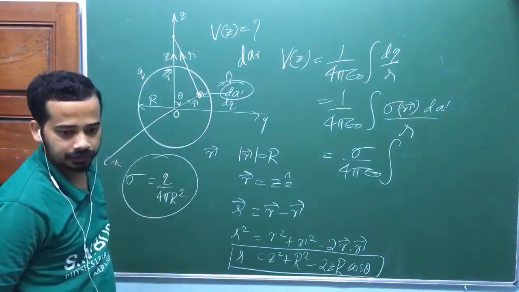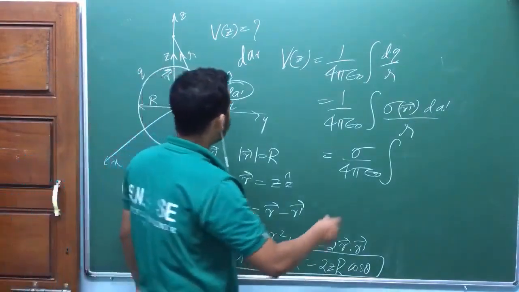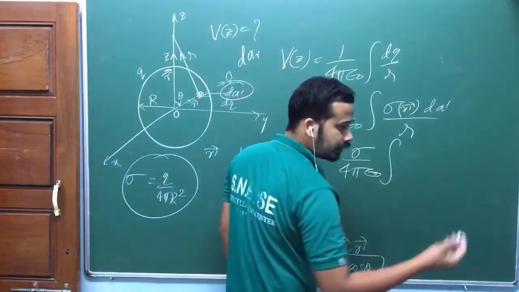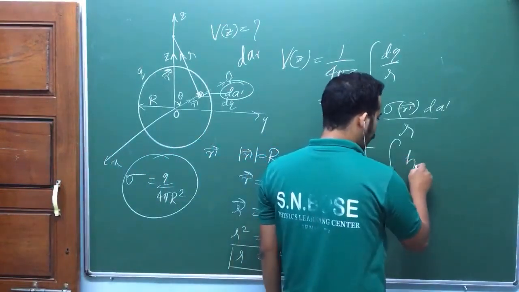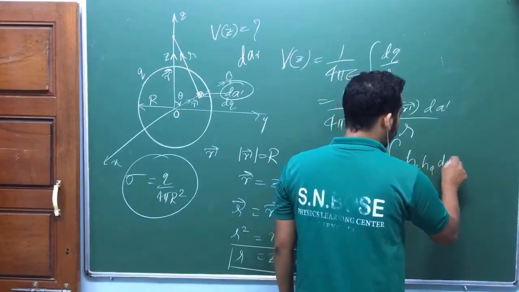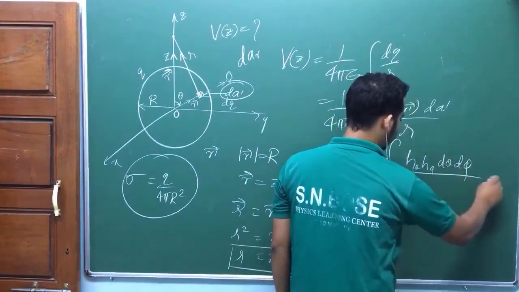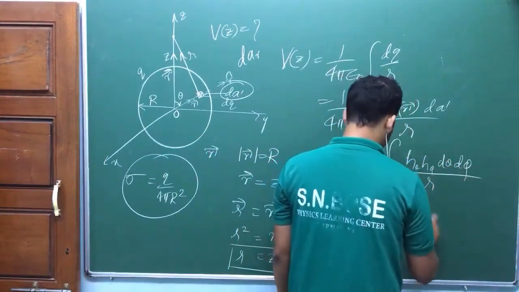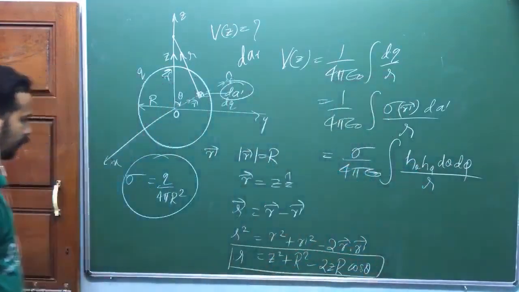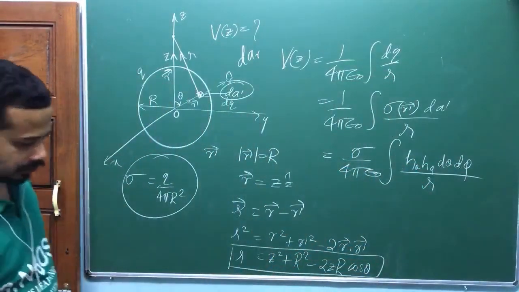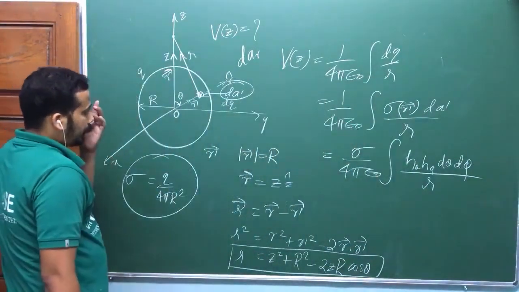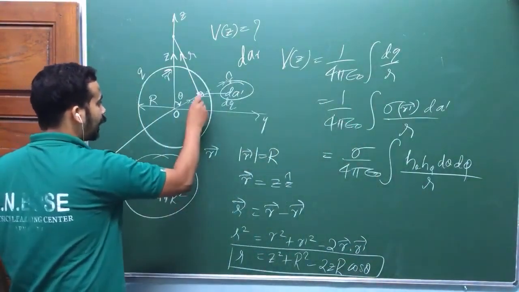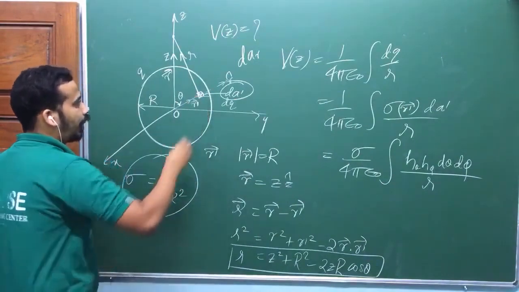Can you just remind me that one? So what was that dAr? It is R squared sin theta, d theta, d phi, divided by italic r. And one more thing, wait a second, you better change the convention. So actually this is prime, R cap prime.